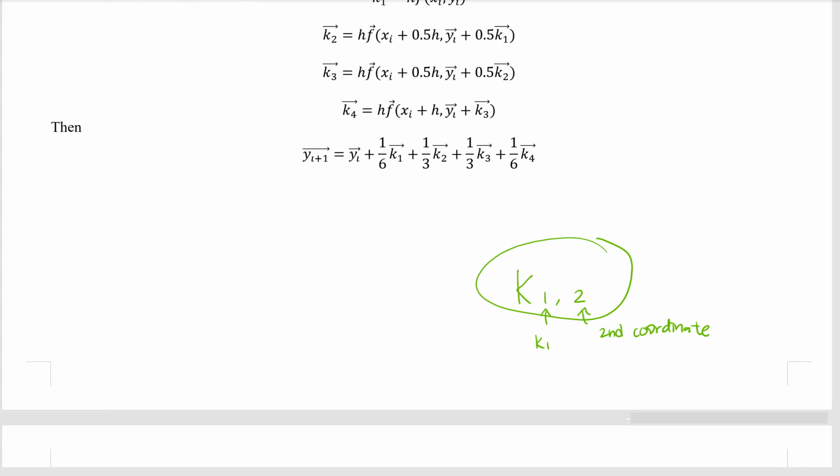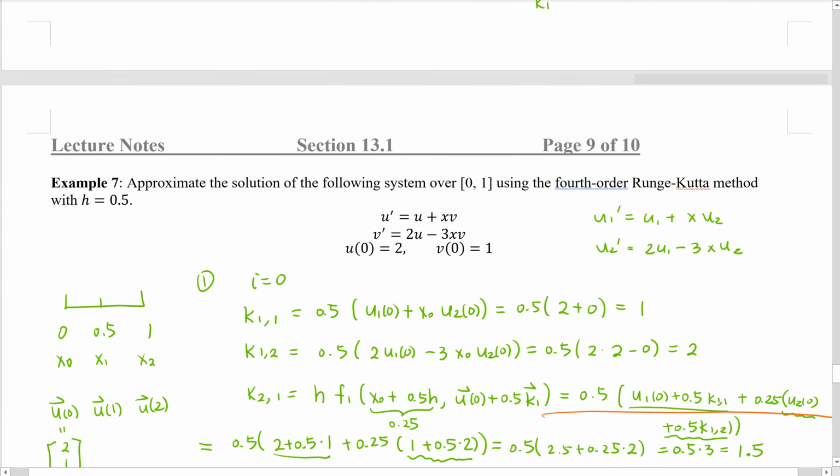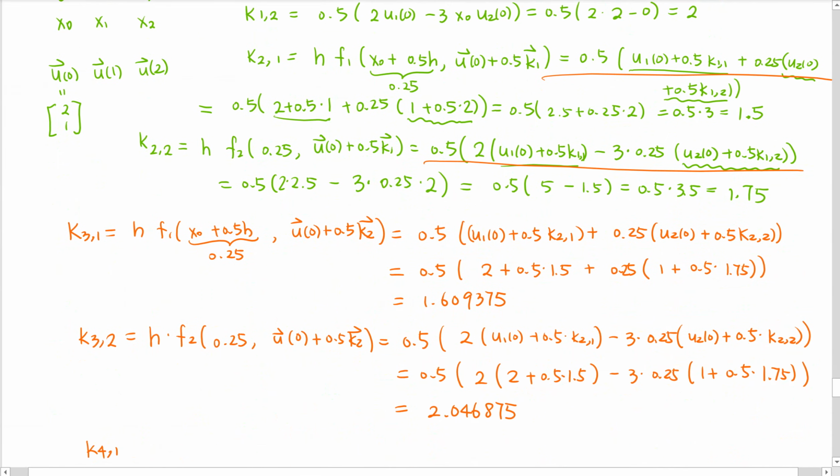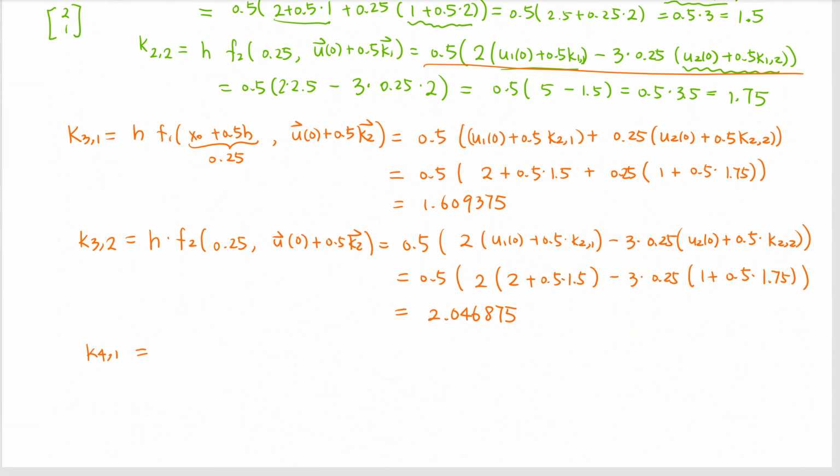Okay, h4 is h times f of xi plus h, yi plus k3. So this is h times f1 of x0 plus h, and then u of 0 plus k3. H is 0.5, and then f1.